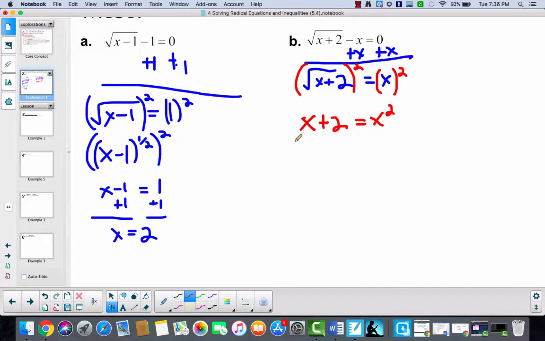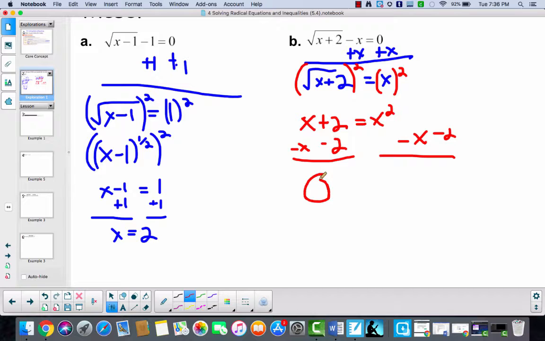So we're going to need to set it equal to 0. Remember, I always like my x squared to be positive. So I'm going to move these things to the other side. Notice I'm not lining that x up underneath that x squared because I can't subtract those two.